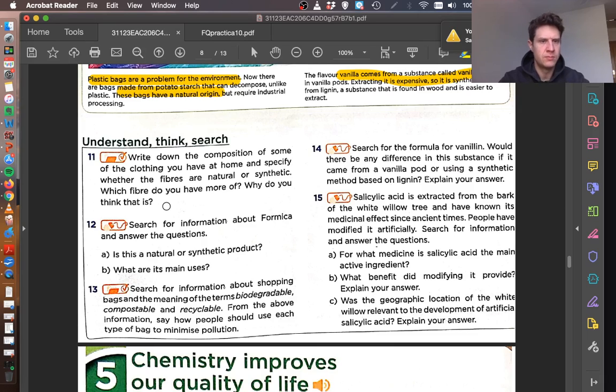And okay, I'm going to show you a very interesting thing, which is also a website, and also search for information about shopping bags and the meaning of the terms biodegradable, compostable, and recycled. From the above information, say how people should use each type of bag to minimize pollution. Good.